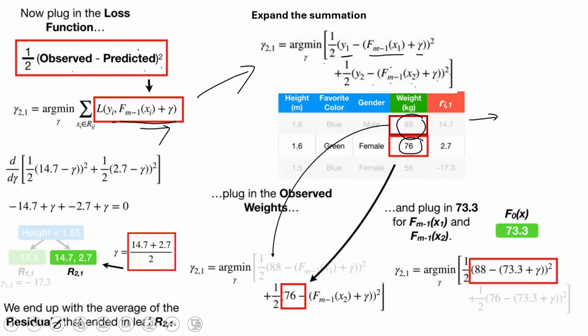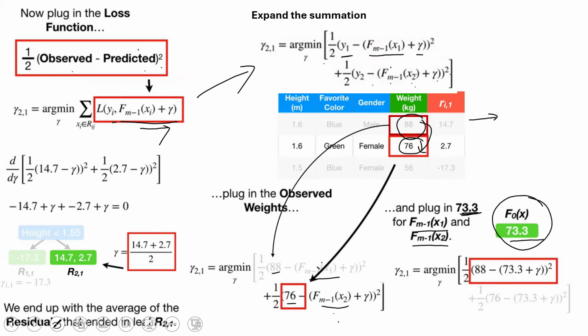So when you substitute the values, y1 is 88 and y2 is 76. You plug in 73.3 for f of m minus 1 of x1 and f of m minus 1 of x2, because this is the initial leaf. The previously predicted value for both samples is the same, 73.3.